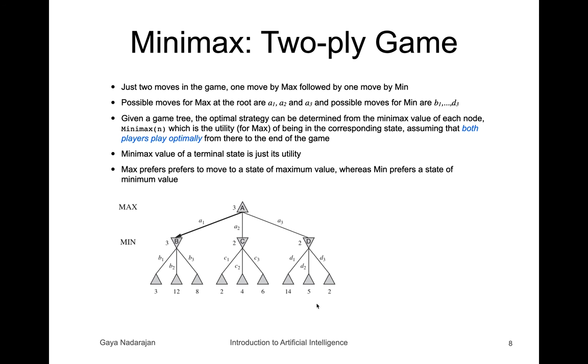Max will see these utility values, and because it can see them, it will try to decide what is the best thing for it to do. So Max will always prefer to move to a state of maximum value, and Min will always prefer to go to states with a minimum value, because they have opposite interests.